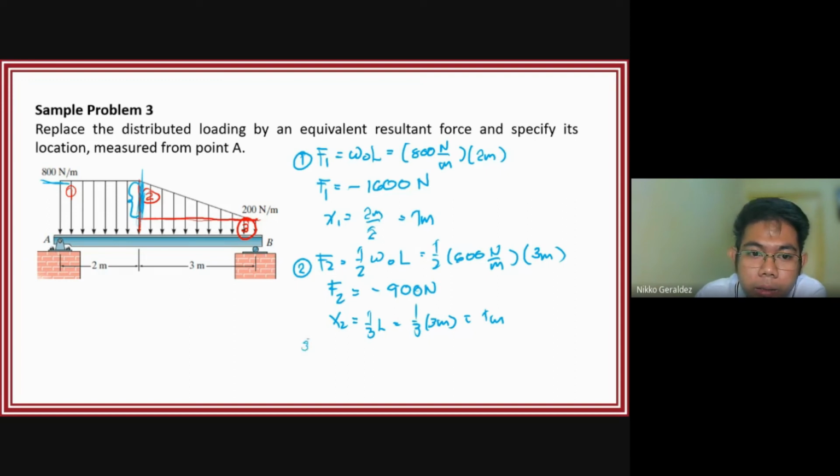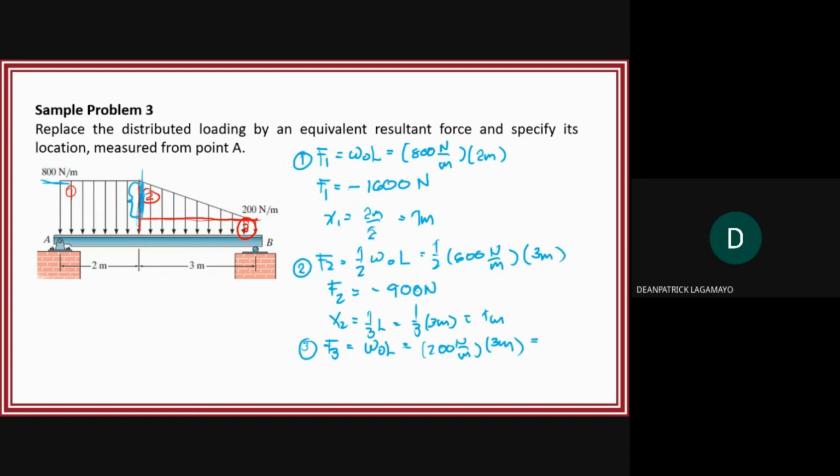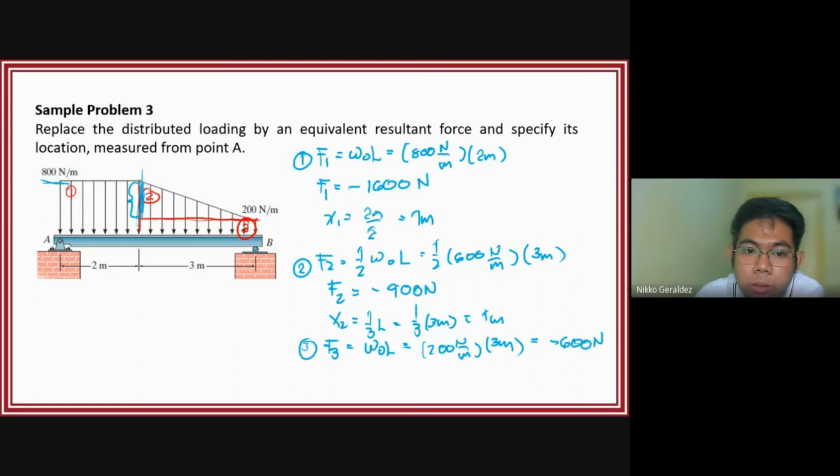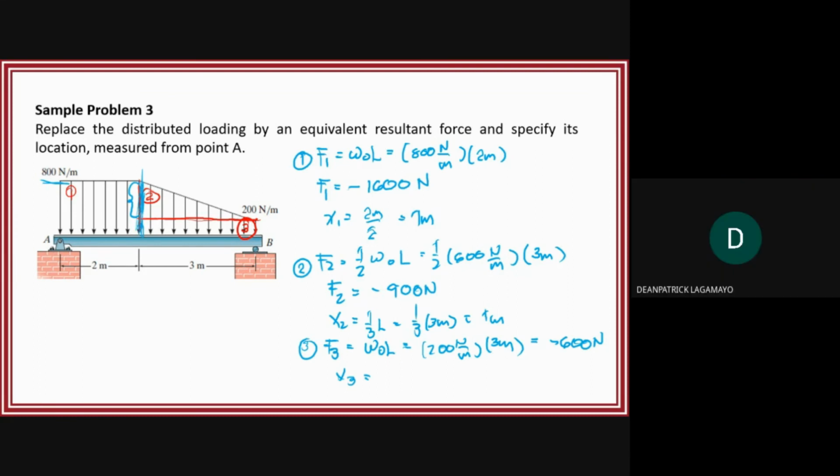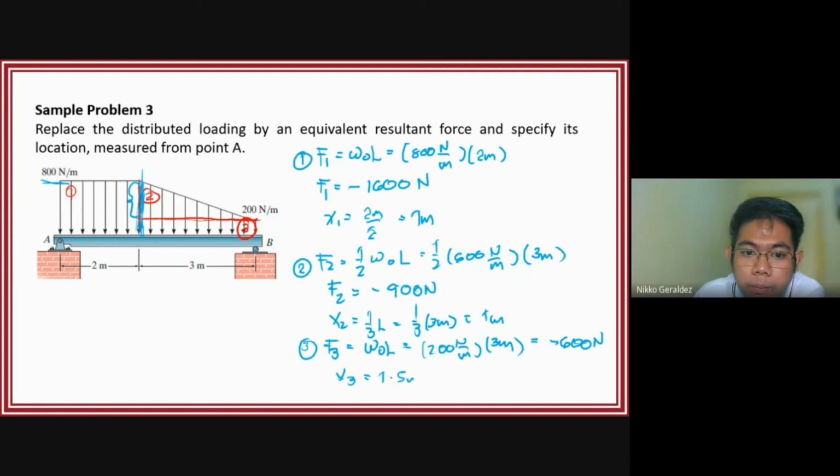Then, last, F3 is W sub O times L. It is a rectangular load, 200 Newton per meter times length 3 meters, so F3 is negative 600 newtons. Then the position, also from the height, is 1.5 meters.